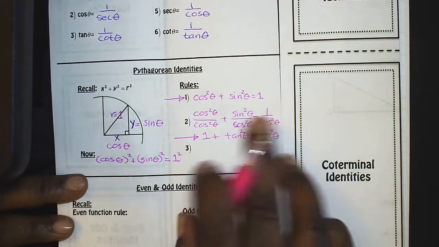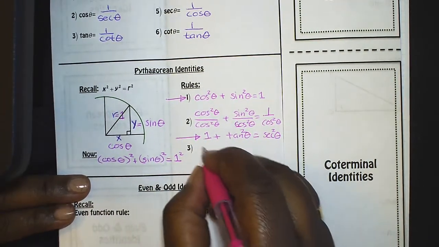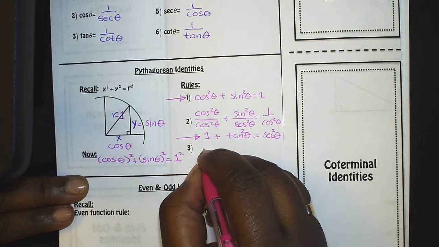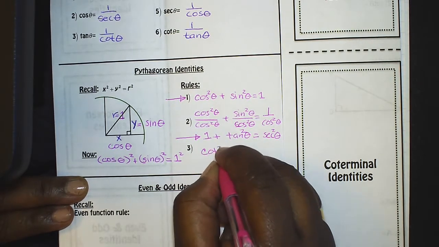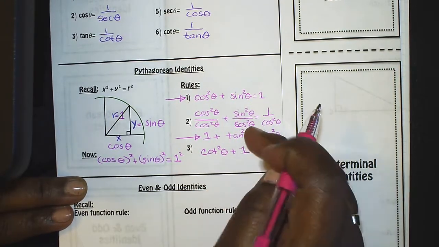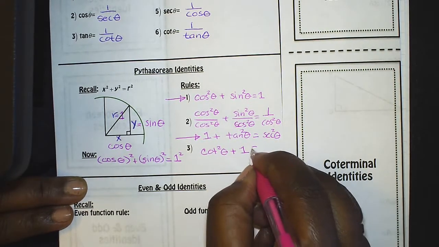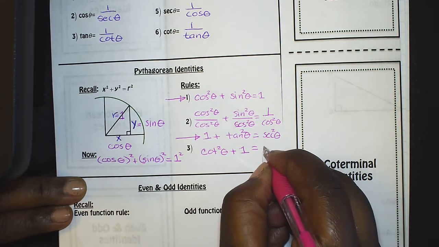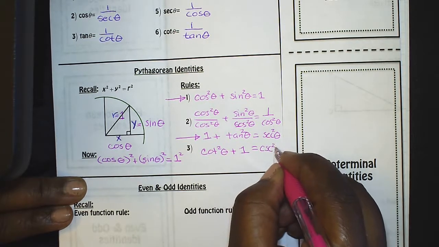Same thing if I was to divide by sine squared, then this would be cotangent squared theta plus 1, because I did sine squared divided by sine squared, equals cosecant squared theta.